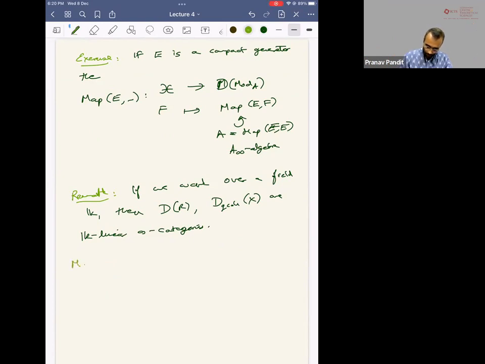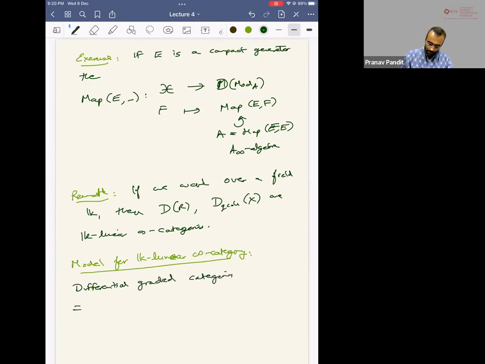So a model for a K-linear infinity category, whatever this means, you can take the following as a definition: differential graded categories, which are categories enriched in chain complexes.